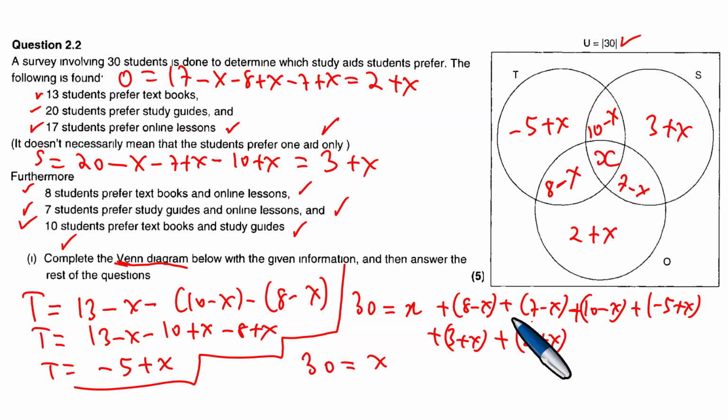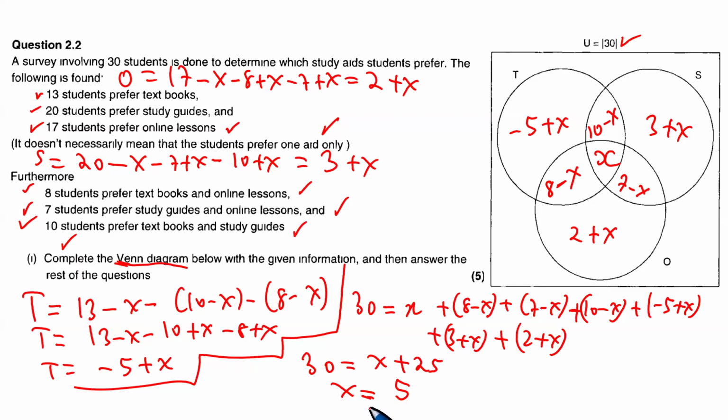Then 8 plus 7 gives 15, 25 with the 10, minus 5 it's 20, and with the 3 and the 2 it is exactly 25. So x is equal to 30 minus 25, which is 5.